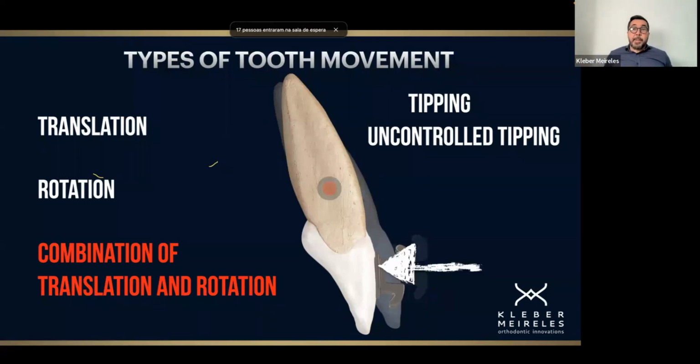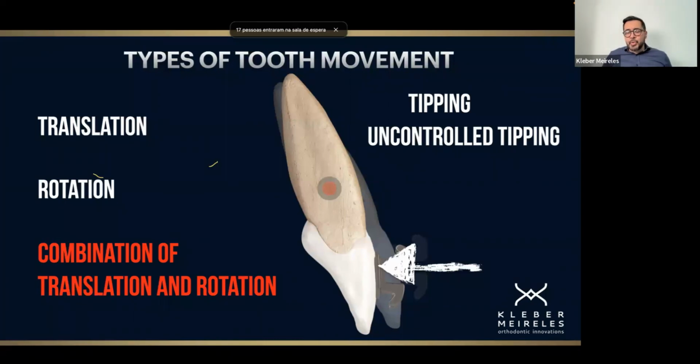In this case, I'm having an uncontrolled tipping in which the crown is going palatal and the root is going buccal, and the apex will bear a very intense force concentrated in this apex, which may jeopardize the root by means of having root resorption because of the concentration of the force in the apex.